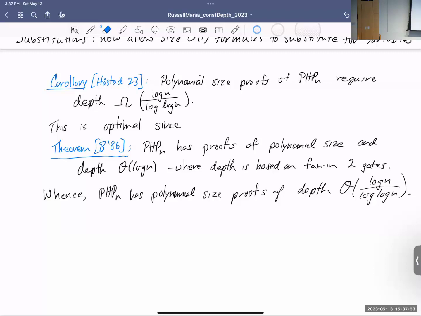The other comment is this is actually optimal on the depth because I had proved in 86 that the pigeonhole principle has proofs of depth order log n, however, based on fan-in 2 gates. So you can convert fan-in 2 gates to unbounded fan-in, but now dividing the depth by log of the depth, I should say.